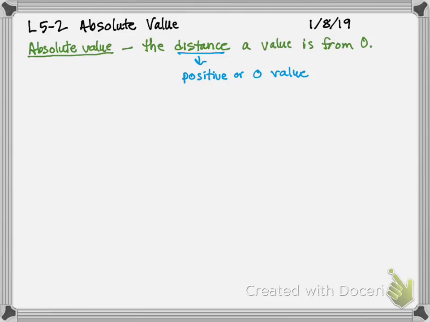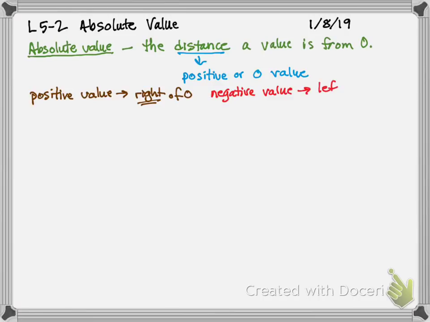So all a positive value means is that it's to the right of 0. And all a negative value means is to the left of 0.